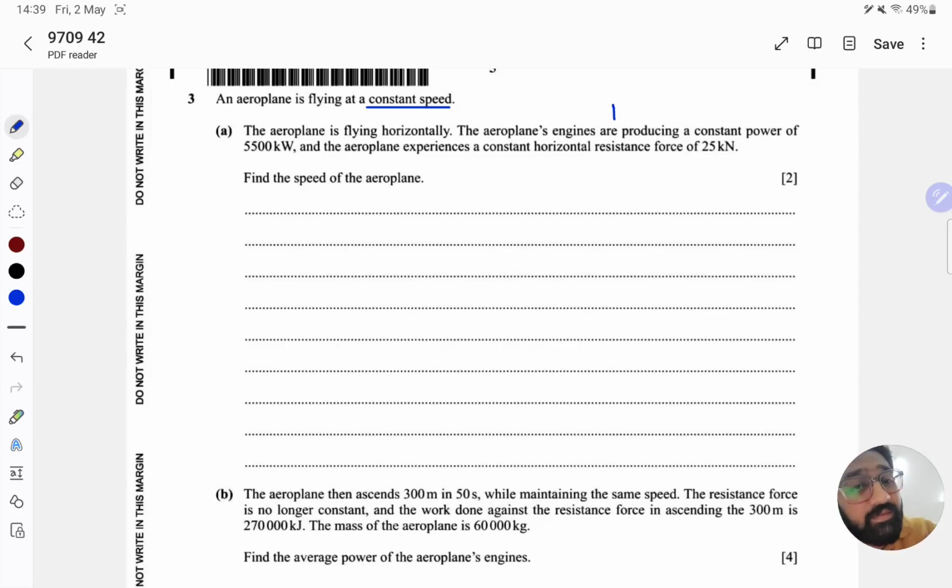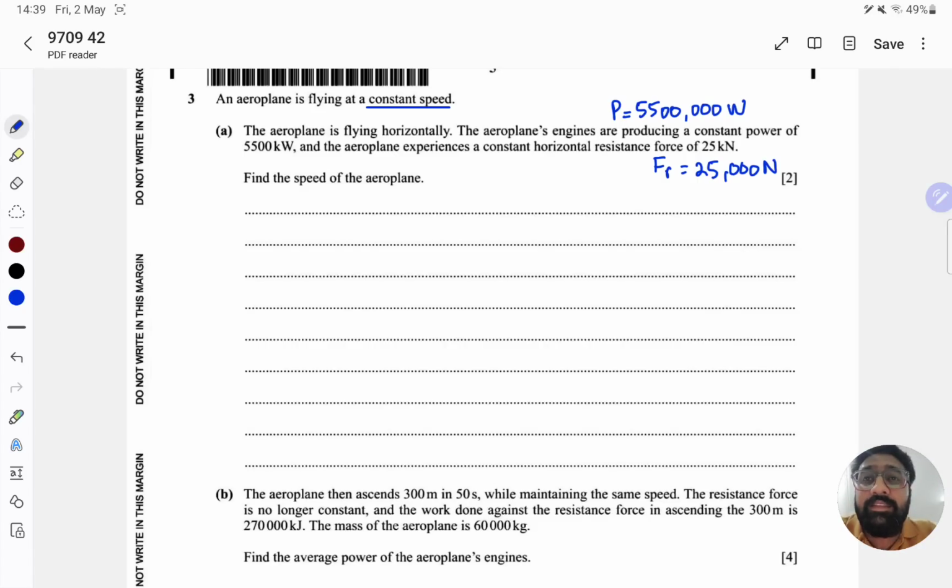So power is basically 55,100,000 watt. The aeroplane experiences a horizontal resistance of 25,000, so resistance is basically 25,000 Newton. Find the speed of the aeroplane.